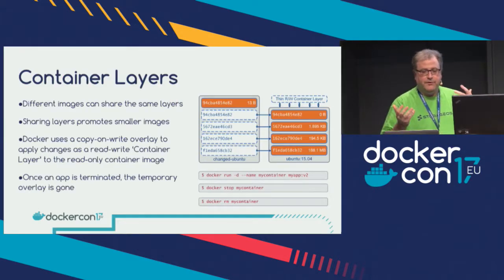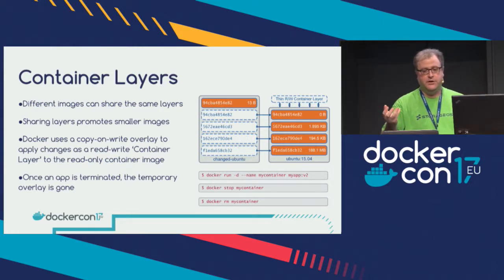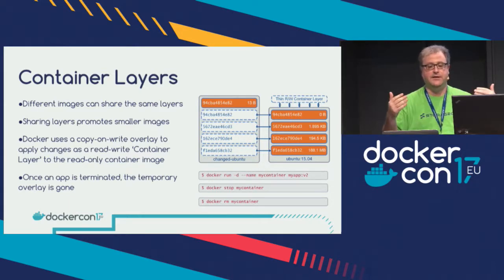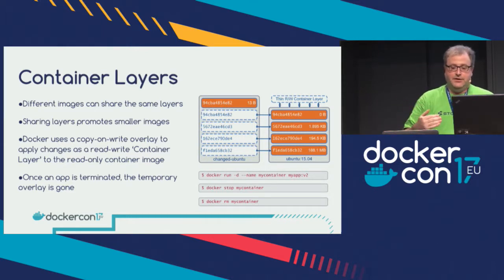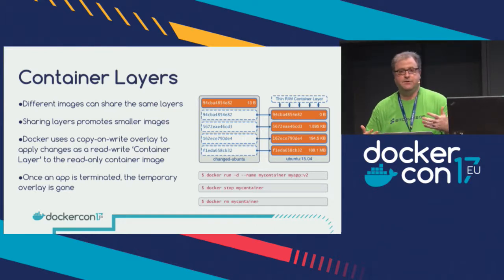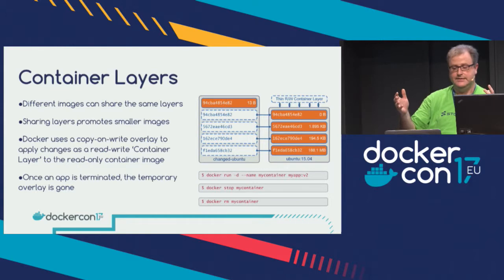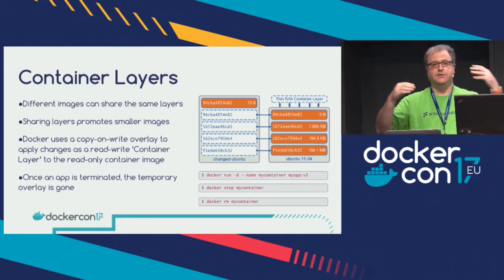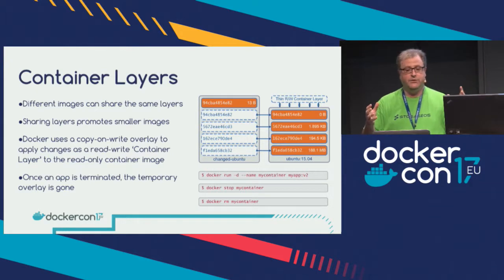Very quickly, as a problem statement, Docker uses a function of layers to define how the images run. An application can be made up of a number of different layers, and this helps reduce the size of the overall images. On top of those images, we have a single copy on write overlay.